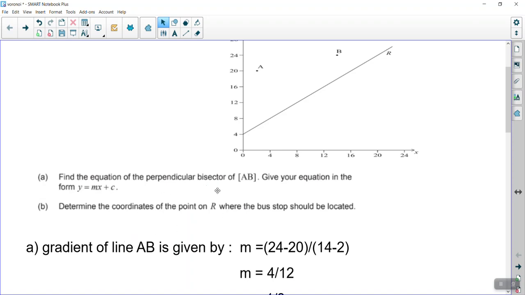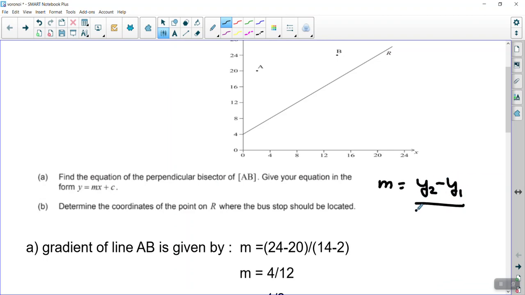First thing we do is find the gradient of line AB. The formula is m equal to y2 minus y1 over x2 minus x1.